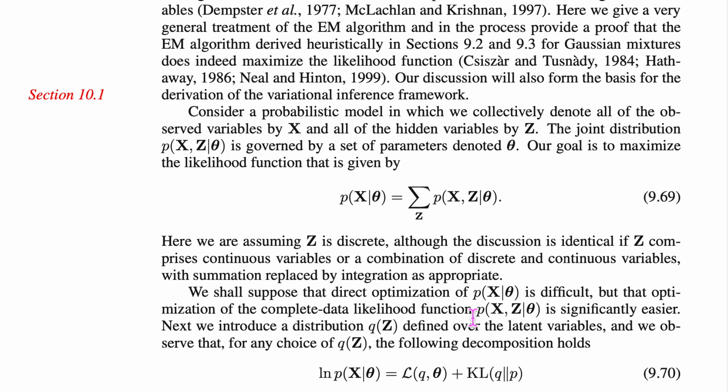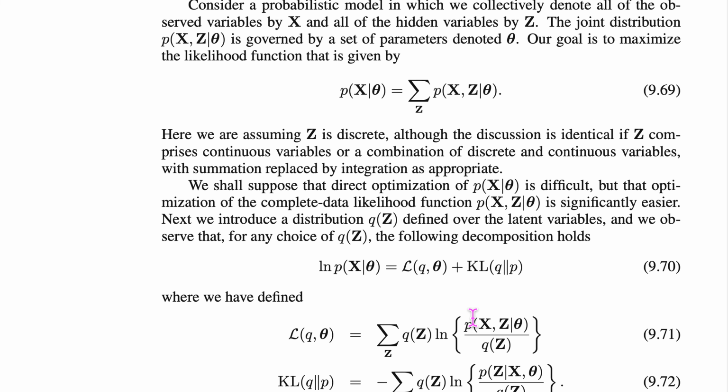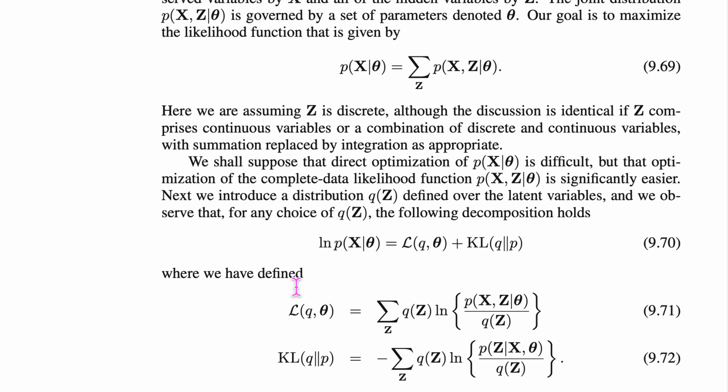Okay. So, here's the deal. What we want to do is maximize this thing that we care about. Well, the way we're going to do that, as always, is we're going to take the log of the probability function.